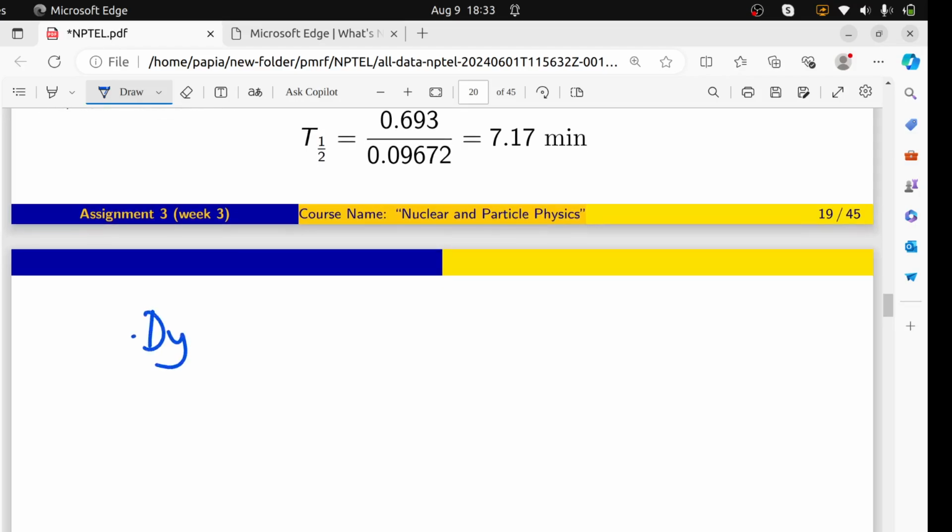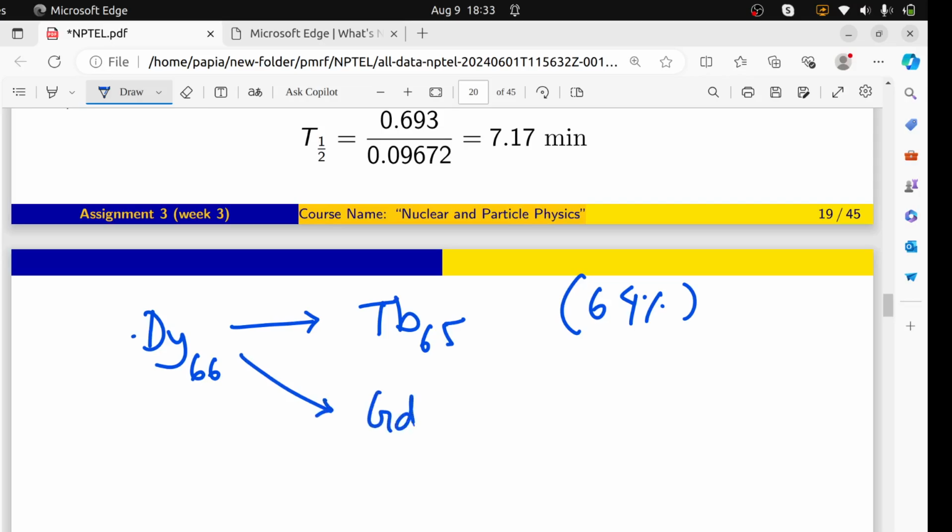So Dy 66, TB 65, it was 64%. And there was another one which is GD 64, and this is 36.